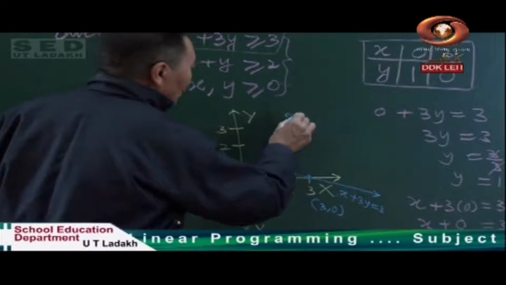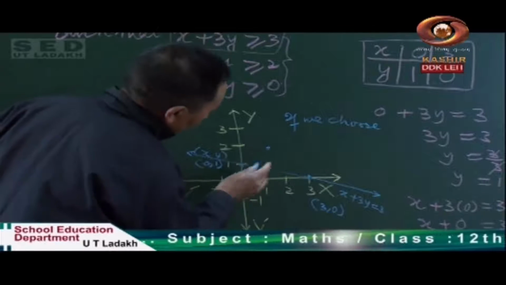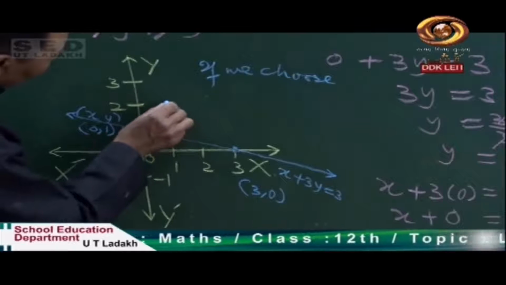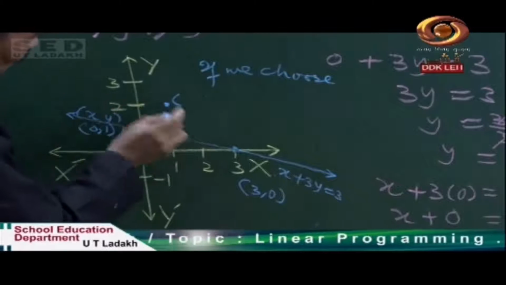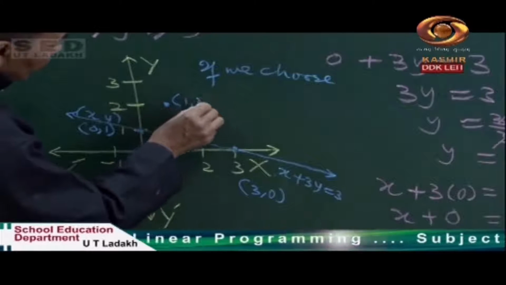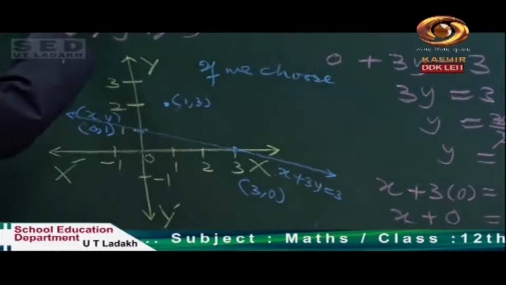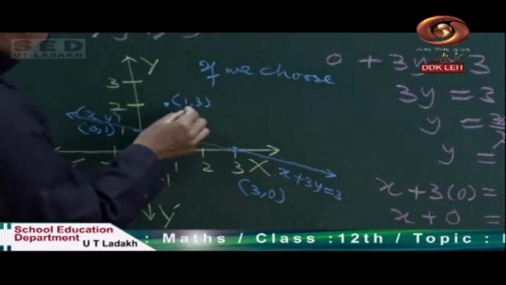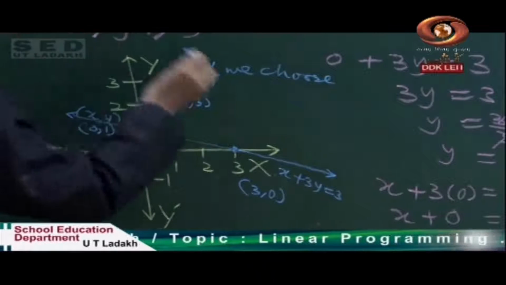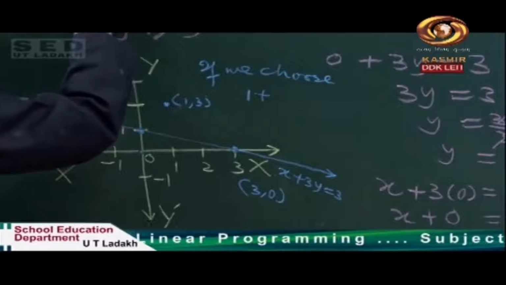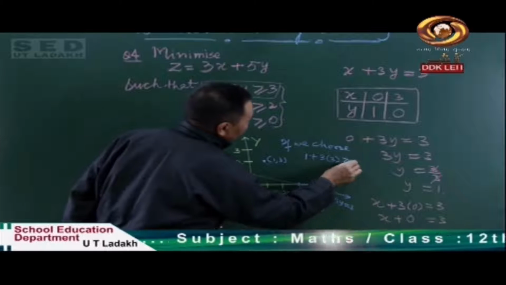For example, if we choose a point, say x equal to 1, y equal to 2, and use it in the inequality x plus 3y, then what happens? x equal to 1, that is 1 plus 3 into 2, which is 7, greater than 3.